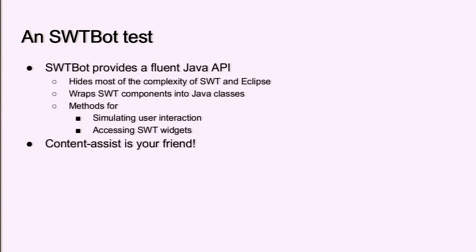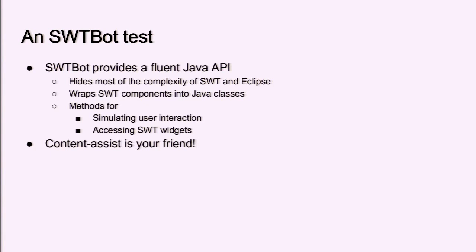as Mikael said, basically SWTBot provides you with a Java API. Actually, we think it provides a fluent kind of DSL Java API. And the idea is that you have a Java wrapper class for basically any SWT concept. And this wrapper class hides most of the internals of SWT and Eclipse.